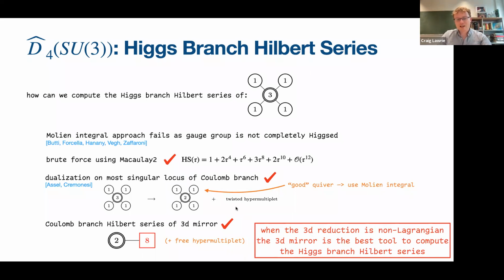There are other examples. This is maybe only vaguely connected to your question, but maybe it's interesting for you. What happens in this example here is that you can go to the not most singular locus of the Coulomb branch, and there the theory is just some free thing. I think it's like 6 twisted hypermultiplets or something. But there are other examples similar to this where the theory at the other singular point on the Coulomb branch, the one of highest codimension, is in fact also some interacting theory.